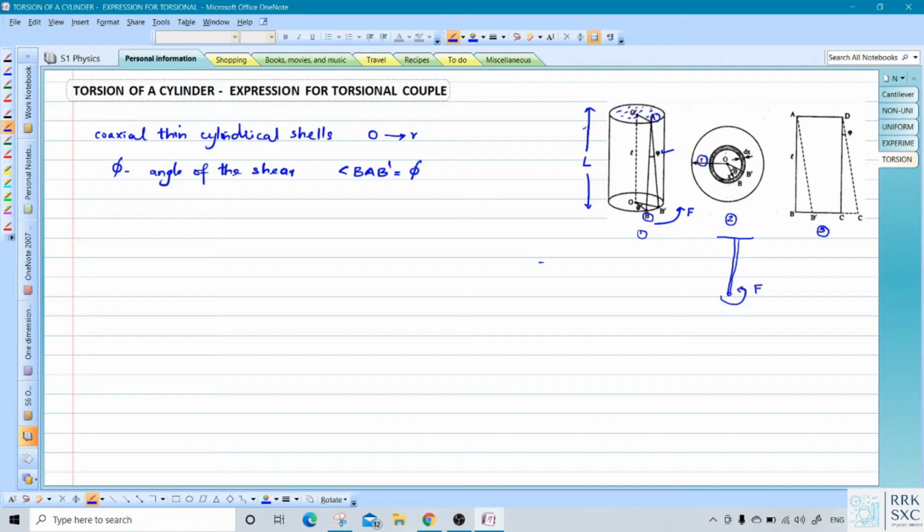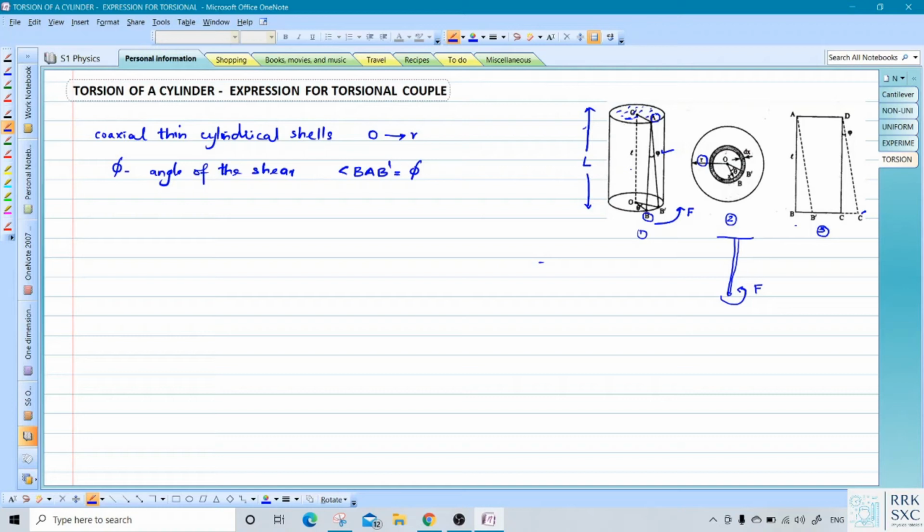So ABCD in the third figure represents the rectangle before twist, and AB dash C dash D will give you the shape of the parallelogram after twisting.